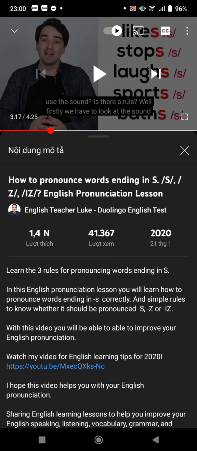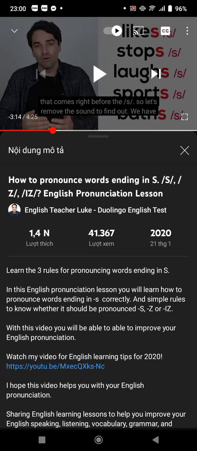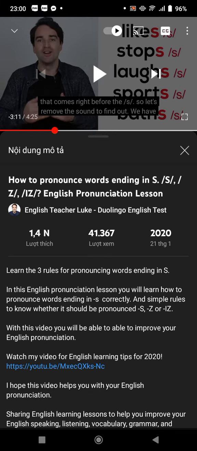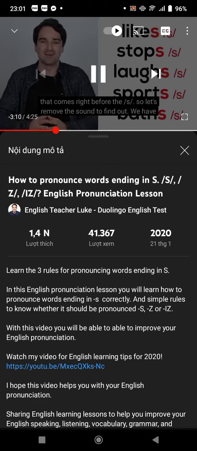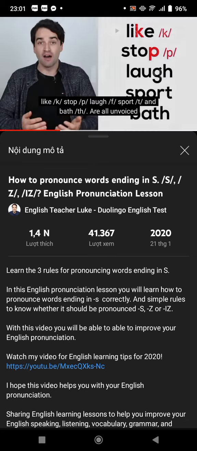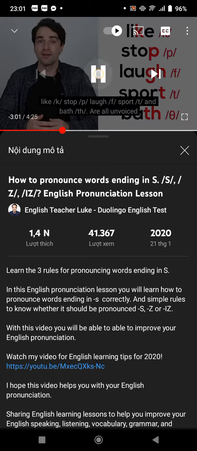Well, firstly, we have to look at the sound that comes right before the S. So let's remove the S sound to find out. We have like, stop, laugh, sport, and bath.